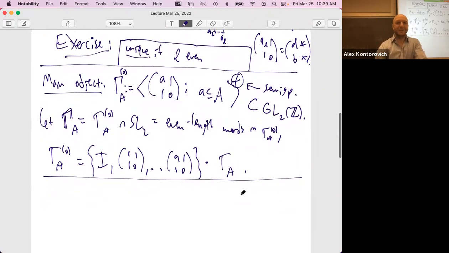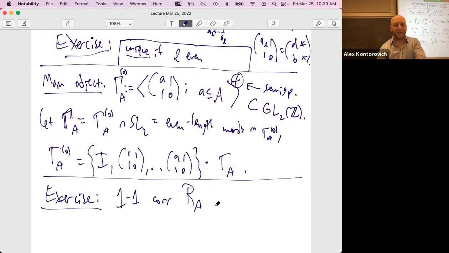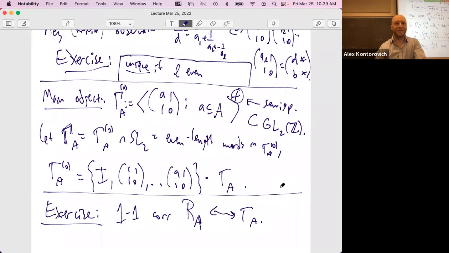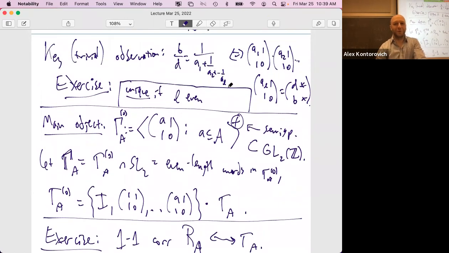And in fact, here's another elementary exercise. There's a one-to-one correspondence now between these fractions and gamma A. What's the correspondence? How do I get from a fraction with all partial quotients bounded by A, with even length, to words?